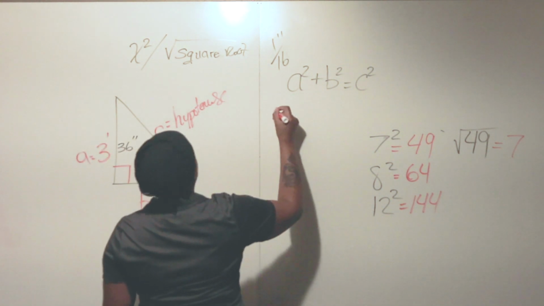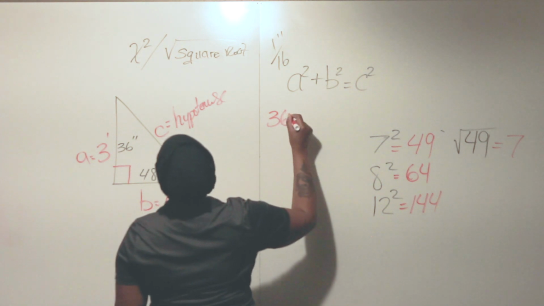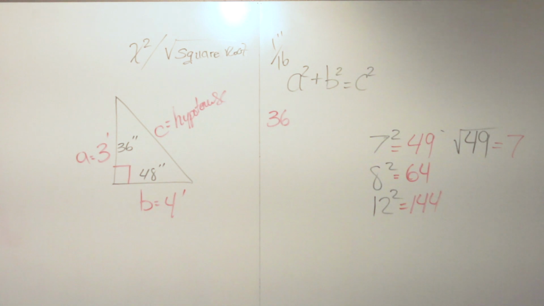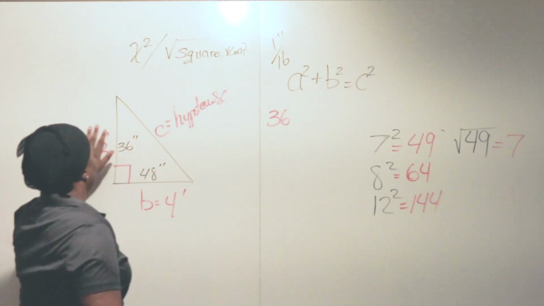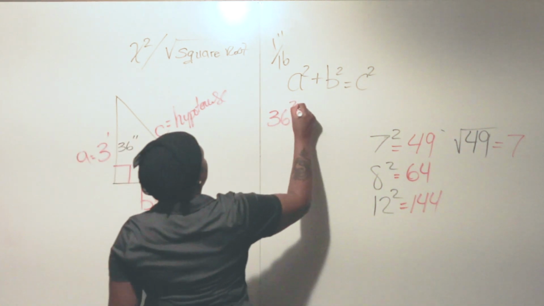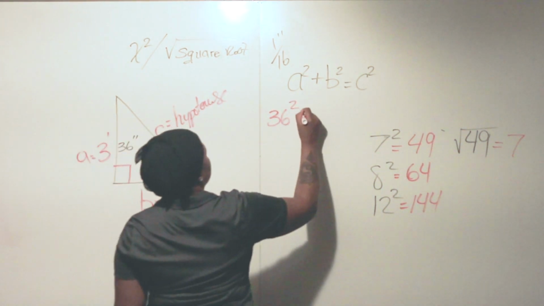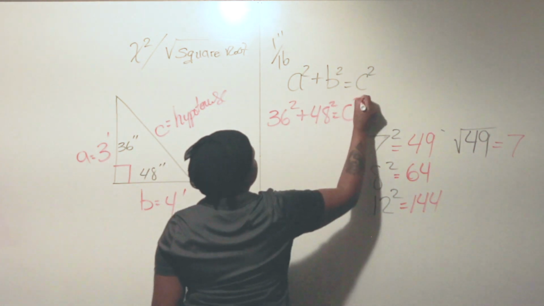So all we're doing is plugging it into the formula. A, we've got 36 squared. The base, B, we have 48 squared equals c squared.